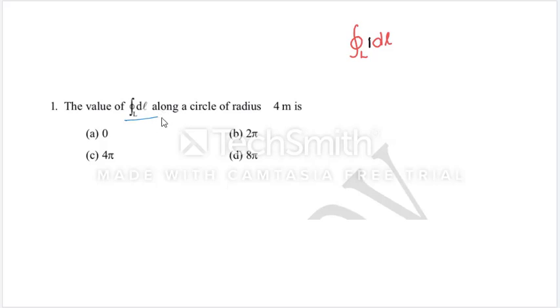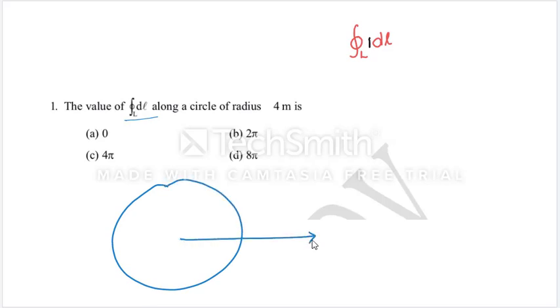They asked to find the closed line integral of dl. So consider I have a circle of radius r.